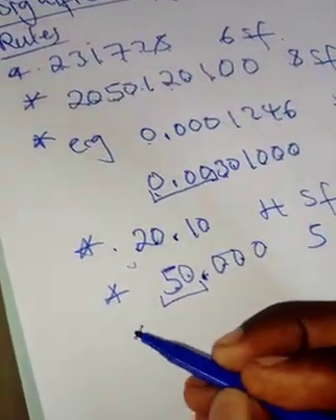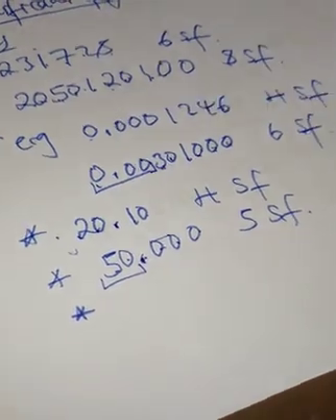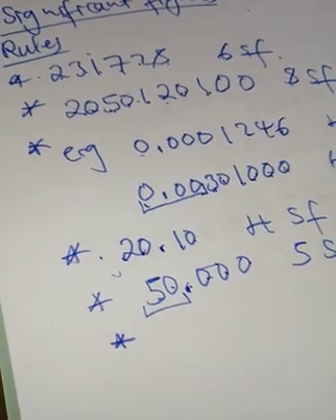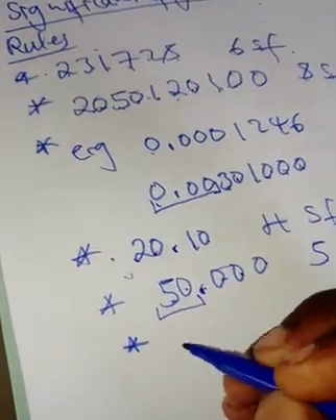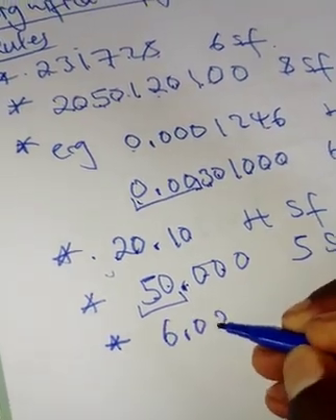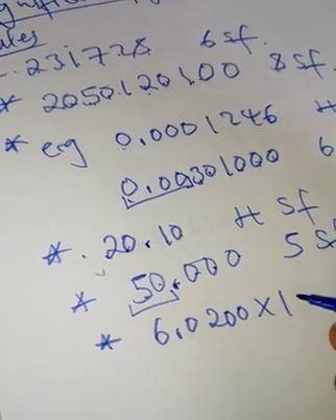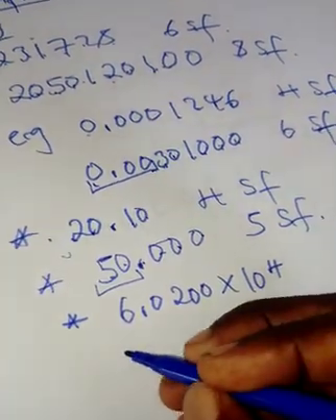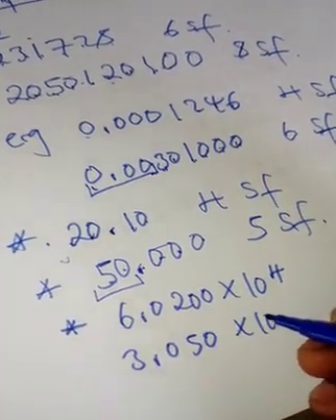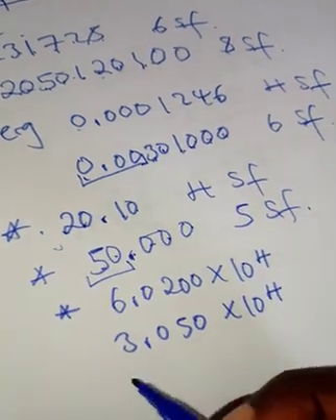Then the other thing: numbers in scientific notation. For numbers in scientific notation, all digits in the coefficient are significant. So if we write a number in scientific notation like 6.0200 times 10 to the power 4, and another one, let's say 3.050 times 10 to the power 4. What coefficient are we talking about?